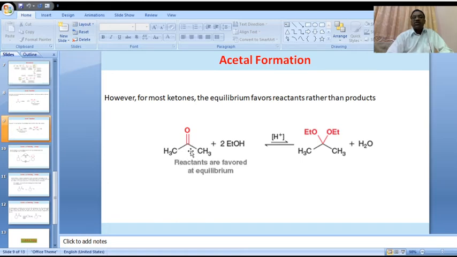In the last slide we already studied that the reaction equilibrium favors the product side, the forward direction, and here the backward direction. However, for most ketones the equilibrium favors reactants rather than products. Is it clear?